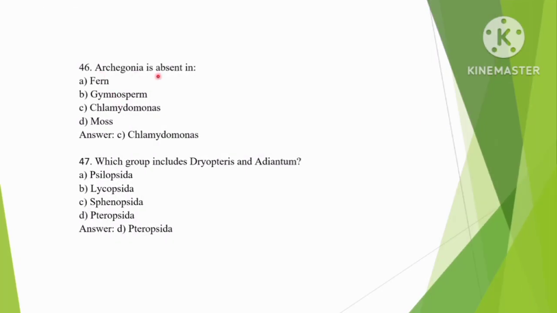Archegonia is absent in, right answer is option C, Chlamydomonas. They reproduce sexually but do not form archegonia or antheridia. It is unicellular. Which group includes Dryopteris and Adiantum? Right answer is option D, Pteropsida. These both are true ferns which belong to the subclass Pteropsida under pteridophytes.